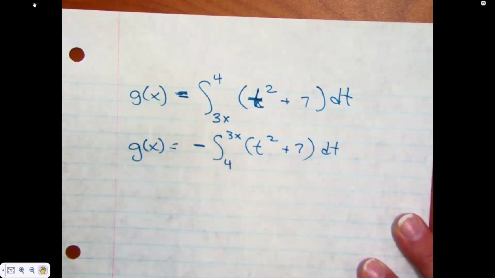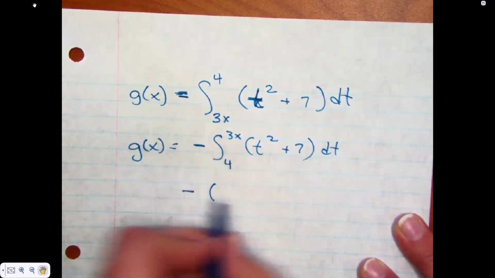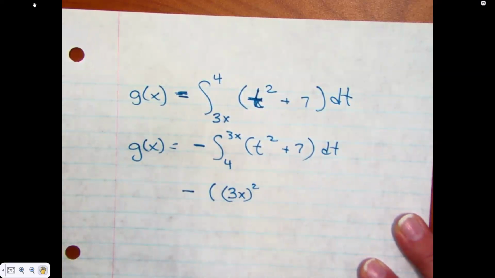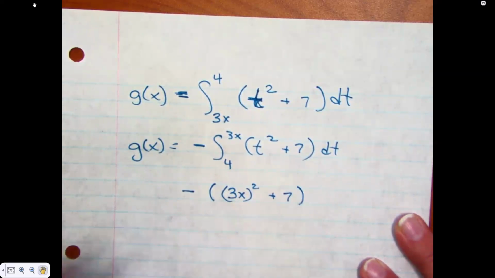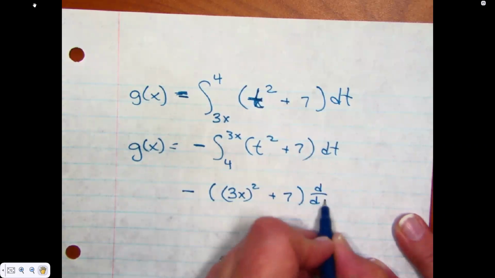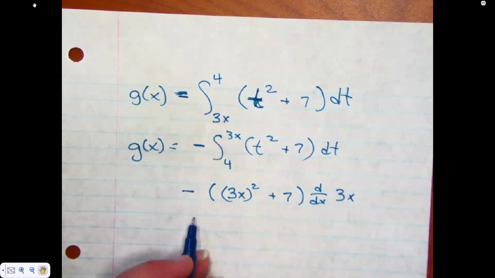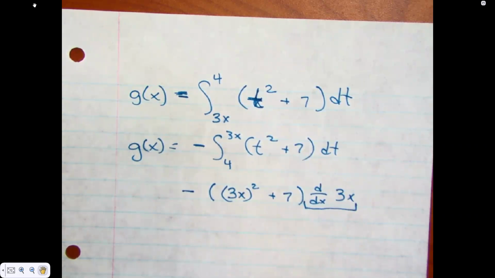So the negative comes down, and then we're going to do 3x squared. You have to square everything. And then the plus 7. But 3x is considered a quantity, anything besides x, so I do have to take the derivative of 3x. And what is that derivative? That derivative is 3.